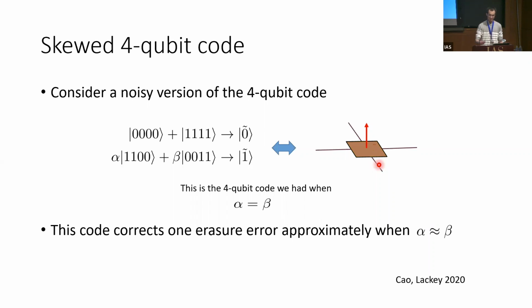When alpha is equal to beta, we get the exact erasure correction code from before. However, when alpha is not equal to beta, or alpha is approximately equal to beta, this is an approximate error correction code. Meaning that if I erase, say, one of the qubits, no matter how hard I try with the other 3 qubits, I can only reconstruct the encoded message up to a small error.